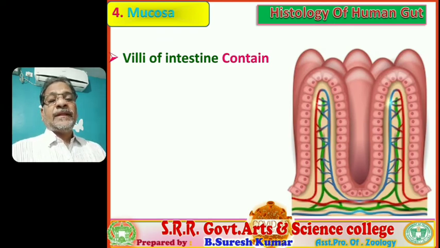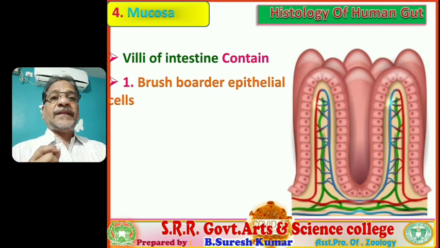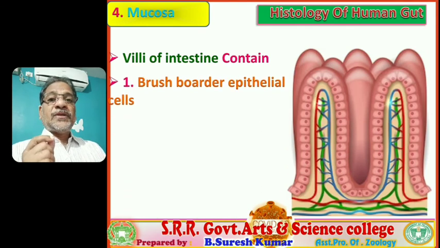Those microscopic projections are called microvilli. Remember, very important, the epithelial cells of the villi show microscopic projections and attain a brush border surface. So they are also termed brush border epithelial cells.